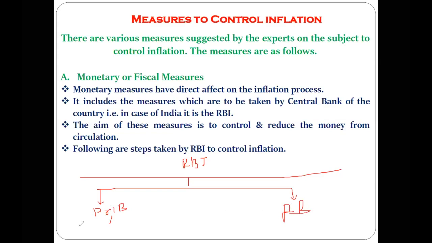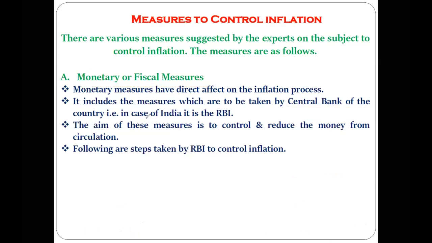Under the private banks there are different banks like HDFC, Axis, Yes Bank, etc. Under the public banks, Bank of Baroda, State Bank of India, Bank of Maharashtra. So these monetary measures are taken by the Central Bank of the country, and for our country this bank is the Reserve Bank of India.